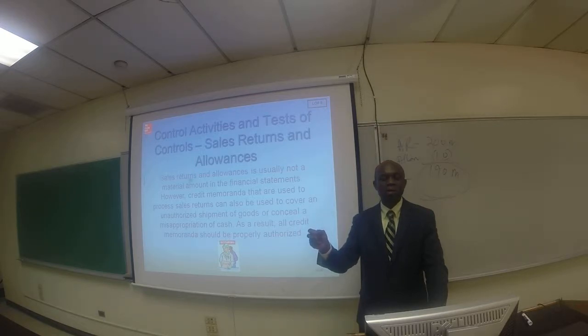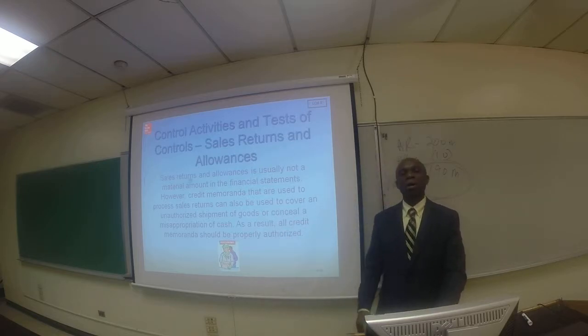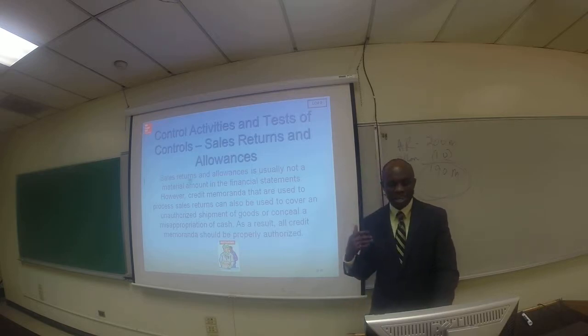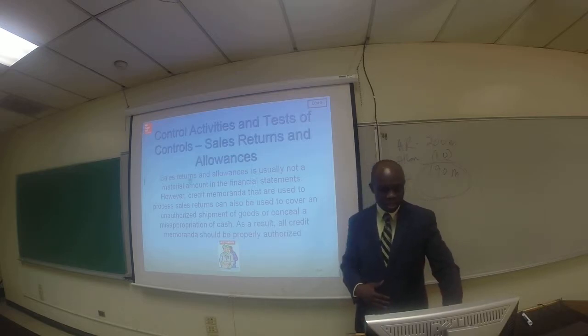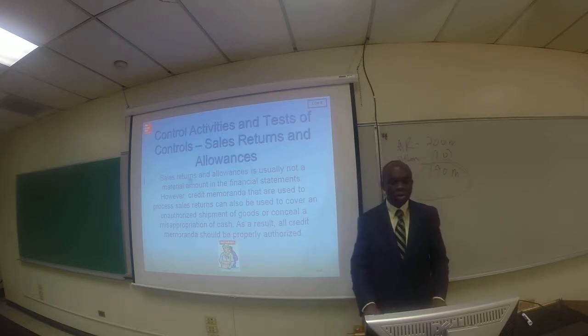So when we talk about credit memo, the company that we are auditing will issue credit memo to the customer and ask the customer to pay less or have a refund to the customer. Either way, we have to make sure that those transactions are properly authorized.